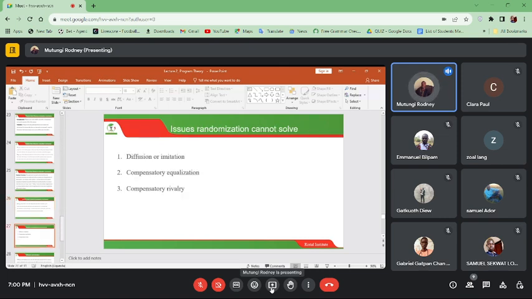Then, as we conclude, we need to know that even when we do randomization, even when we choose the people to participate in our intervention randomly, there are some things that we cannot solve.